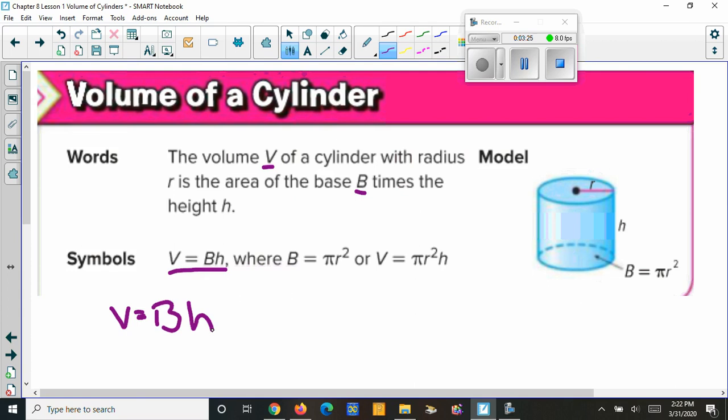So we go to the example of a cylinder. And for a cylinder, the base is actually a circle. And the area of a circle is found with pi times r squared, as we see written here.